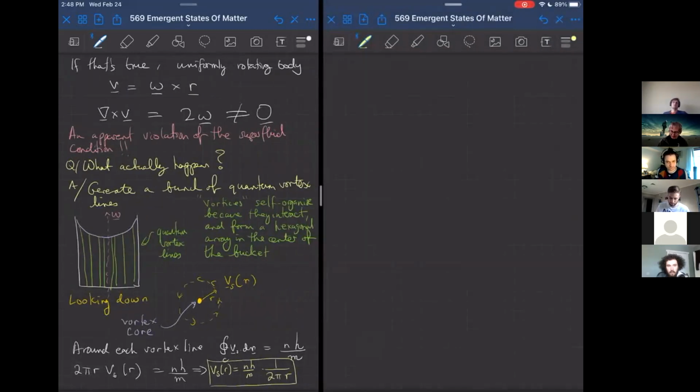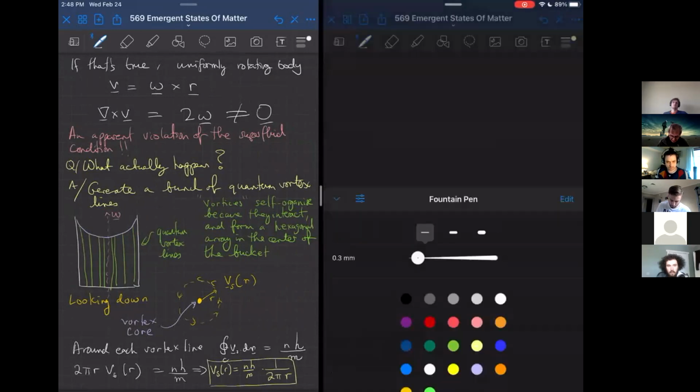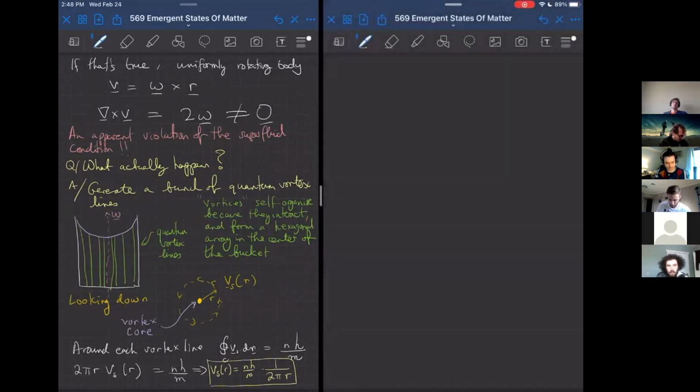So what is the core of the vortex? The core of the vortex is about 1 angstrom in size, and it's roughly like some kind of line of missing atoms. I don't really know.